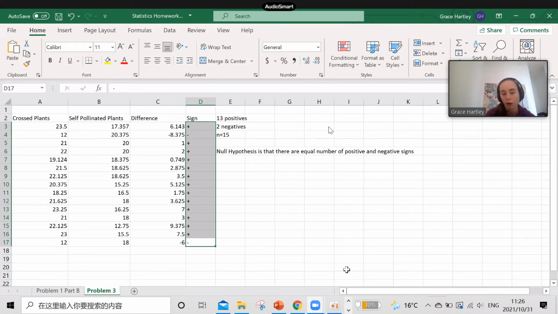It's like tossing a coin, right? I was never good at those examples. Like we have 15 coins here. It's an absolutely fair coin, because there's equal chance of positive or negative. You have 15 coins, and the probability of getting 13 is very, very low.